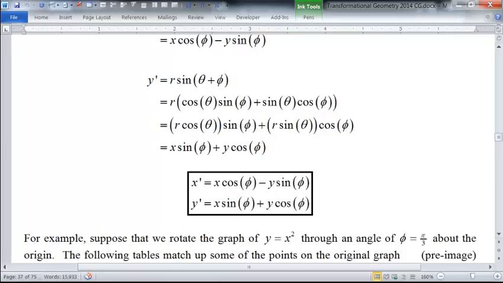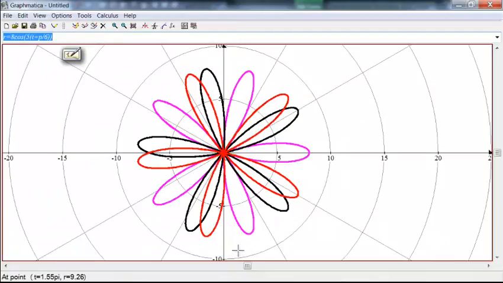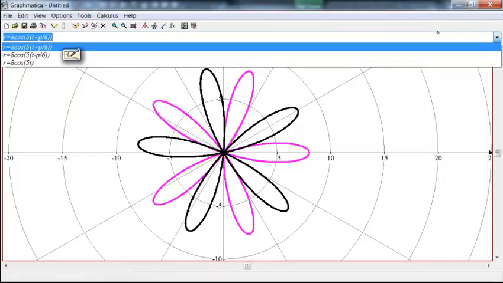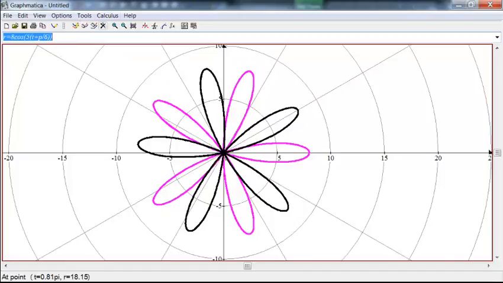Okay, so let's take a look at an example here. So let me go back to Graphmatica and just clear out everything. Actually, let's just delete these.